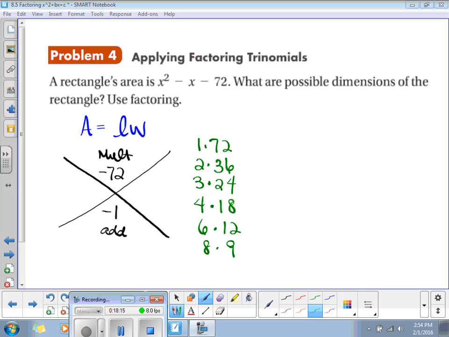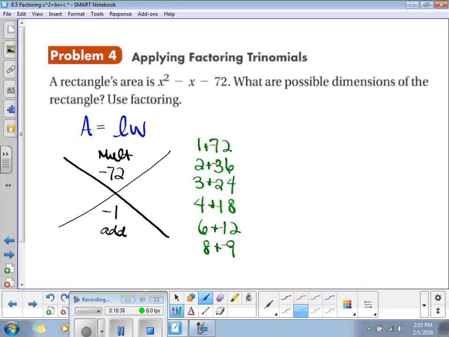The larger number has to be negative. Because remember, when you are adding, you subtract and take the sign of the higher number, right? So, when we change these to add, the bigger number has to be negative, and the smaller number has to be positive.